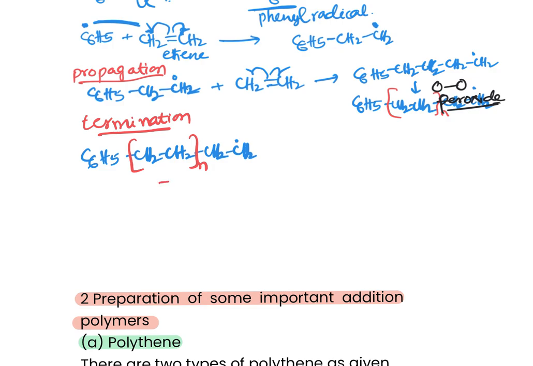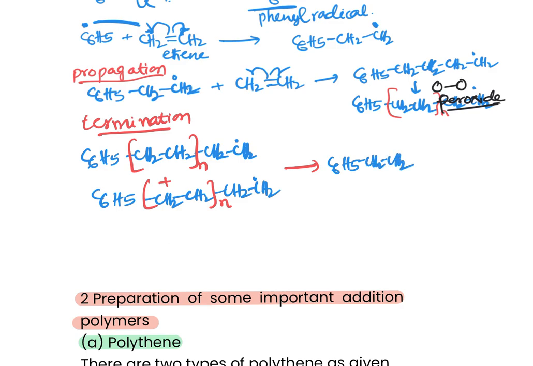Another one also reacts: C6H5CH2CH2CH2CH2 free radical, taking N. These combine to form a big chain: C6H5CH2CH2CH2CH2, this is the first molecule.